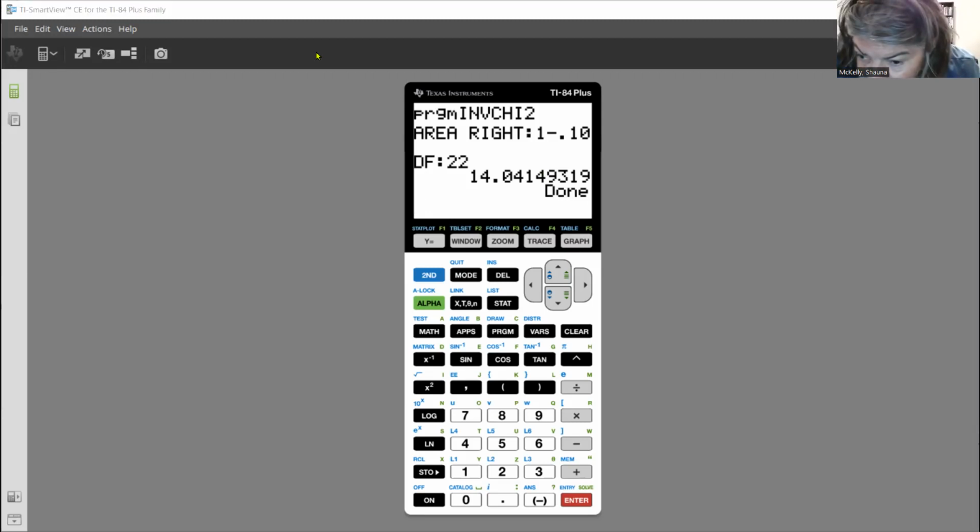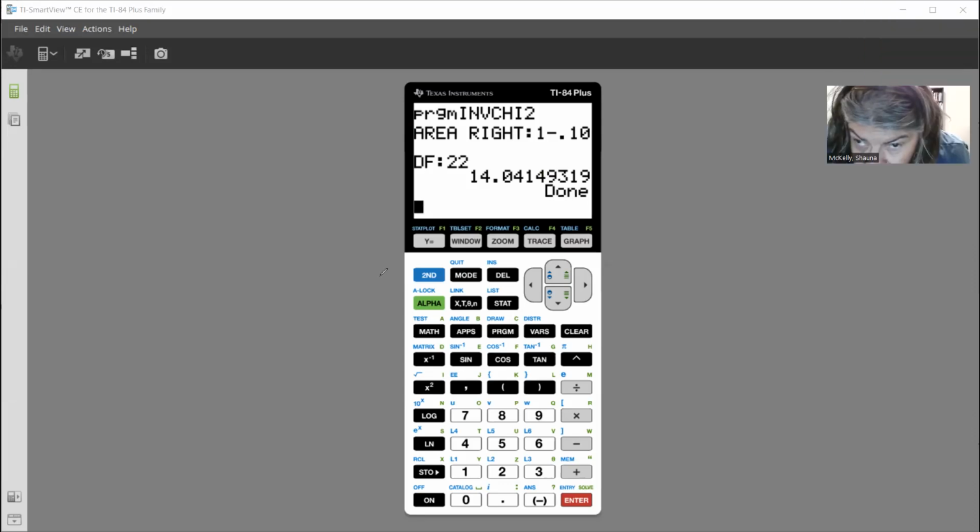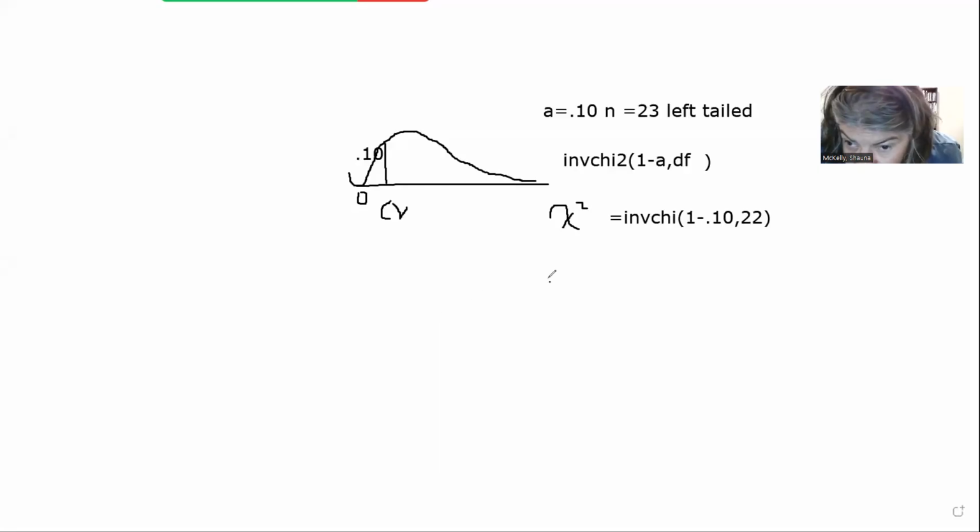So this is chi squared is 14.0415. That's my chi-square number.